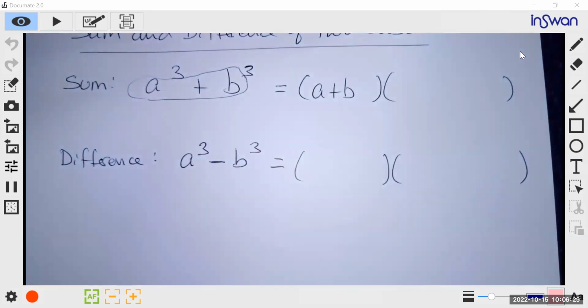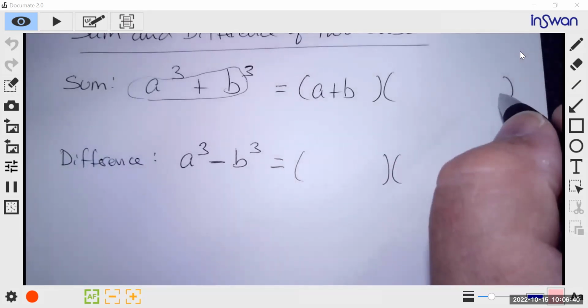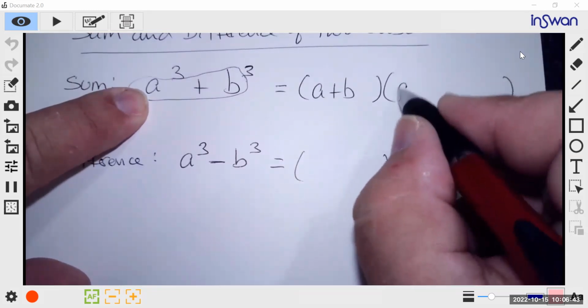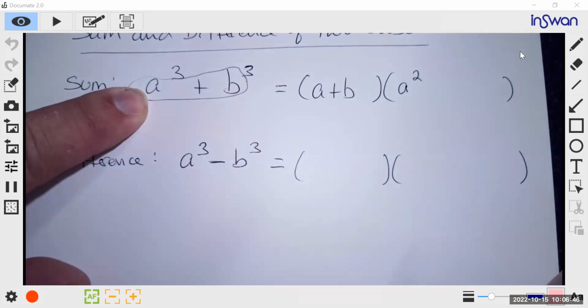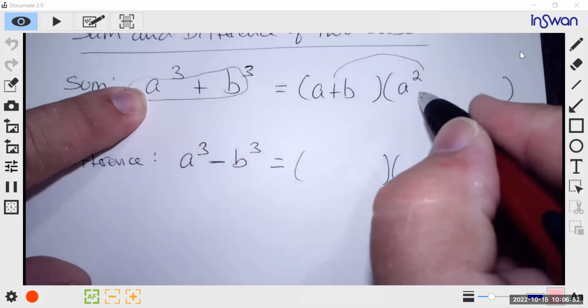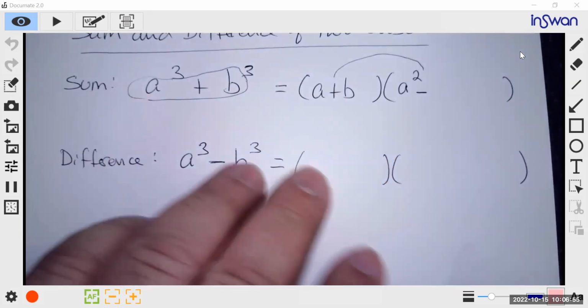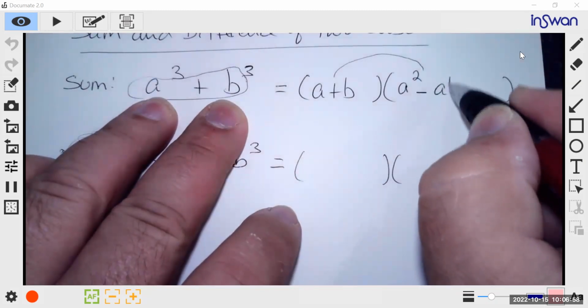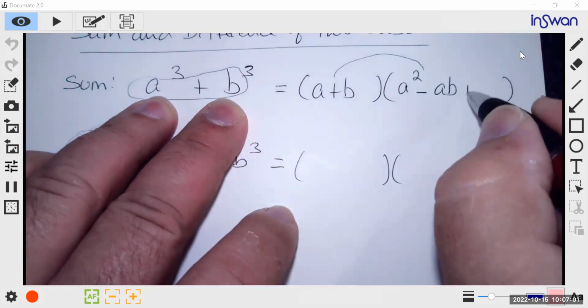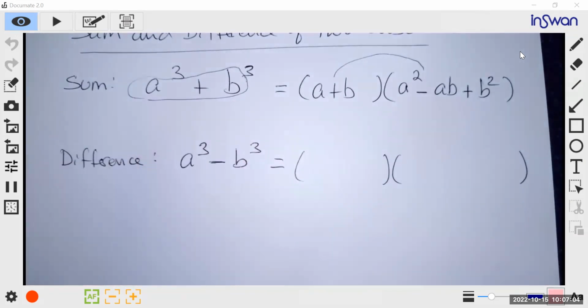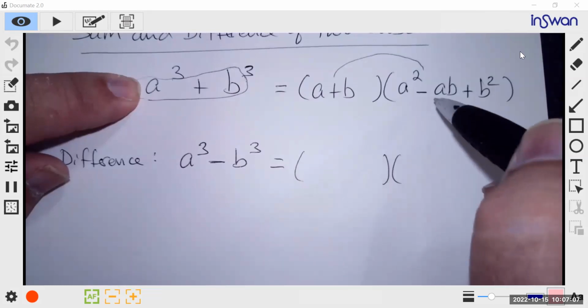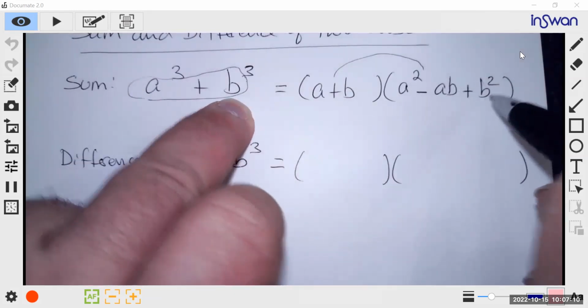A plus B. Inside the second one, it's the first number squared, the opposite sign, the multiplication of the two terms, A and B, plus the last one squared. It's the first one squared minus A times B plus B squared.